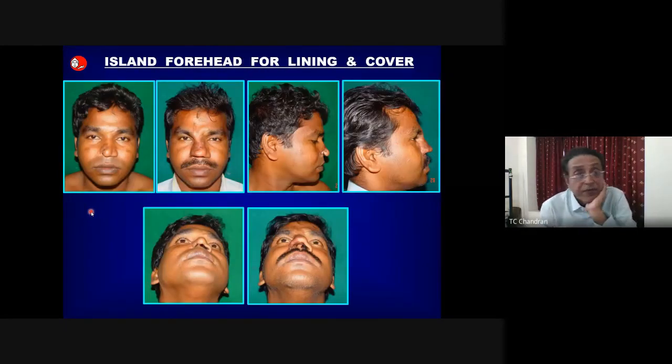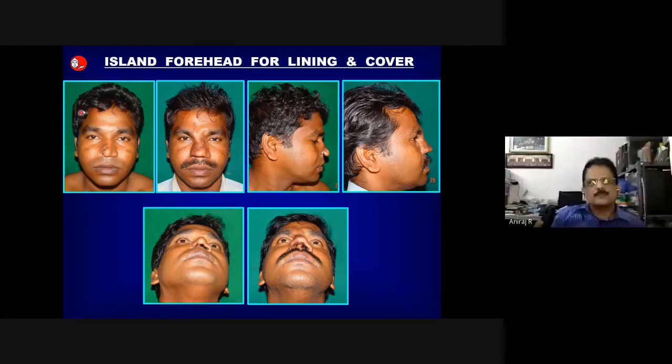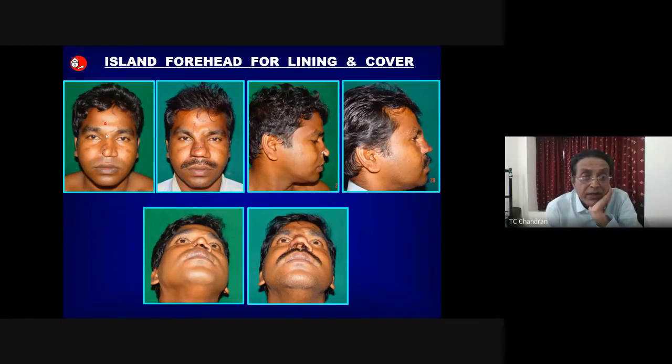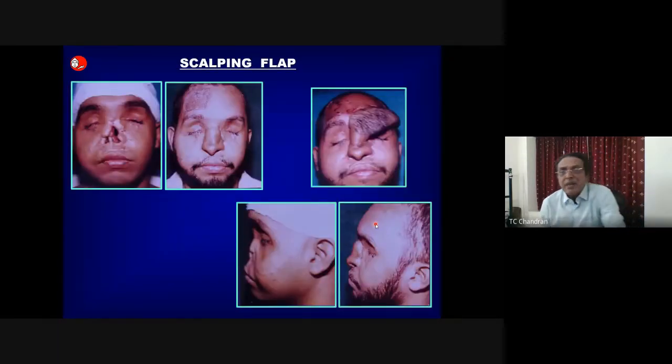Again, you can island the forehead. Now here it's a transverse island forehead that has been brought down. And again, part of the forehead has been used for the columella, and I have added support to it. So that also can be done. Scalping flap is a wonderful flap. It can be used for lining, cover, and after that you can add support.